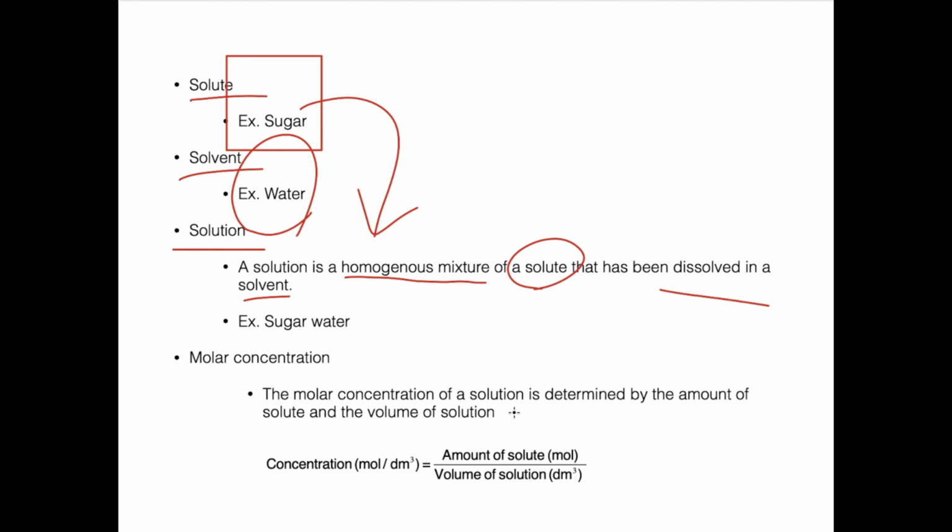Next, molar concentration. The molar concentration of a solution is determined by the amount of solute and the volume of the solution. So the molar concentration can be derived by this equation, and the amount of solute should be given in moles, and the volume of solution should be given in decimeter cubed, which is same as liter.